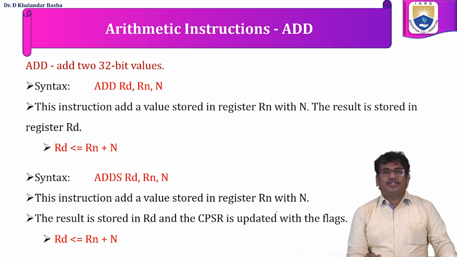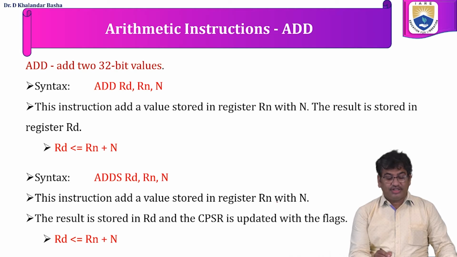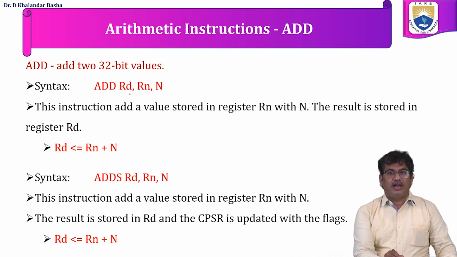First we will see the ADD instruction. This instruction adds two 32-bit values. The syntax of the instruction is ADD RD, RN, N. Here I am not using any S, and no condition is provided.